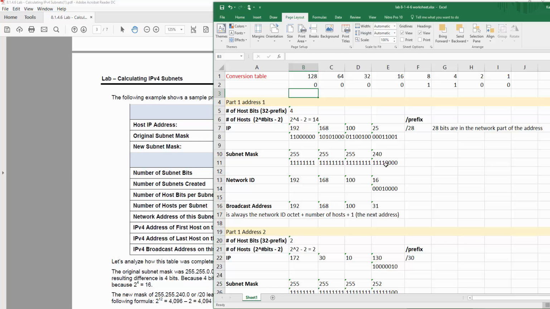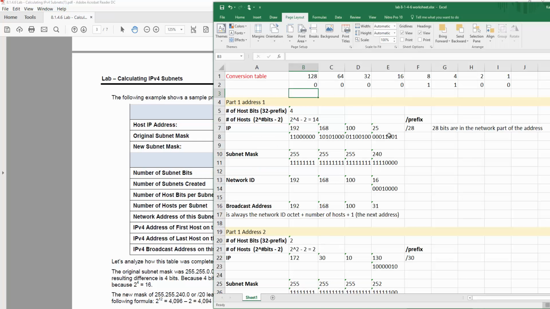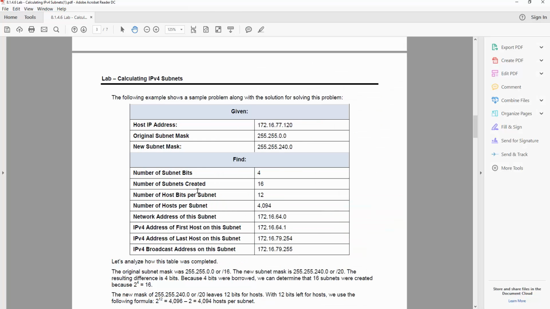So 1, 2, 3, 4, 0, 0, 0, 0. So you're borrowing 4 bits to get to that. Remember, these numbers never change, so 240 is always 4. Looking at our table here, 240 is always 4. 252 is always 6 bits that you're borrowing.